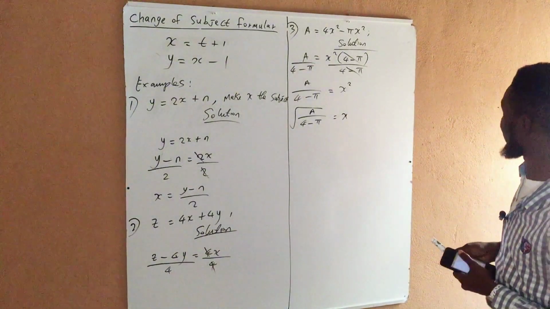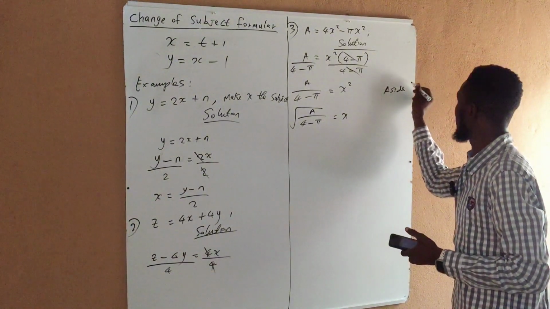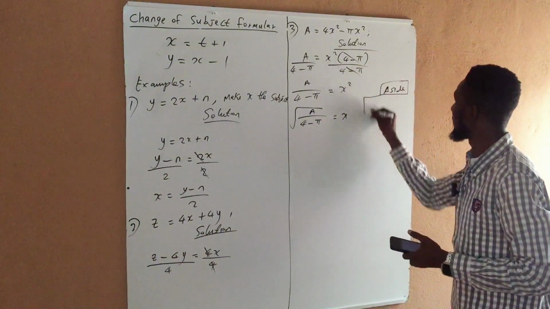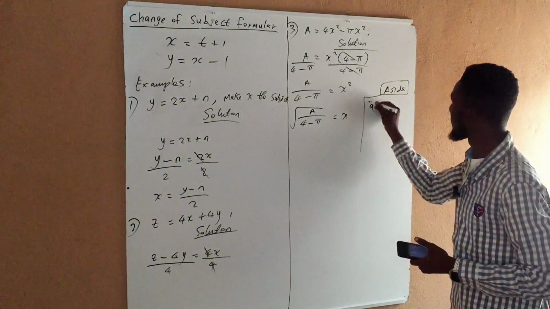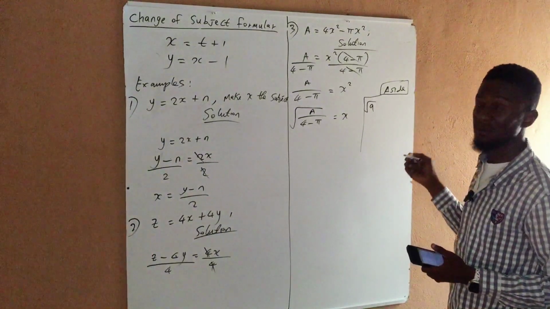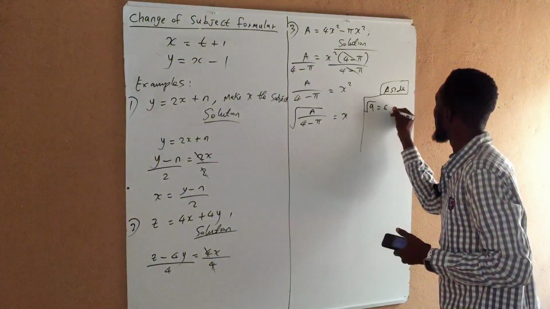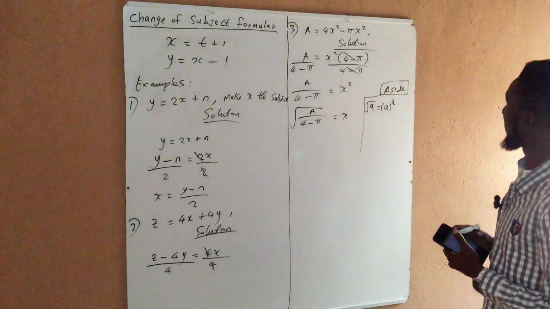Just see this aside. When you have root a or square root of a, it's the same thing as a power 1 over 2. Is that correct?